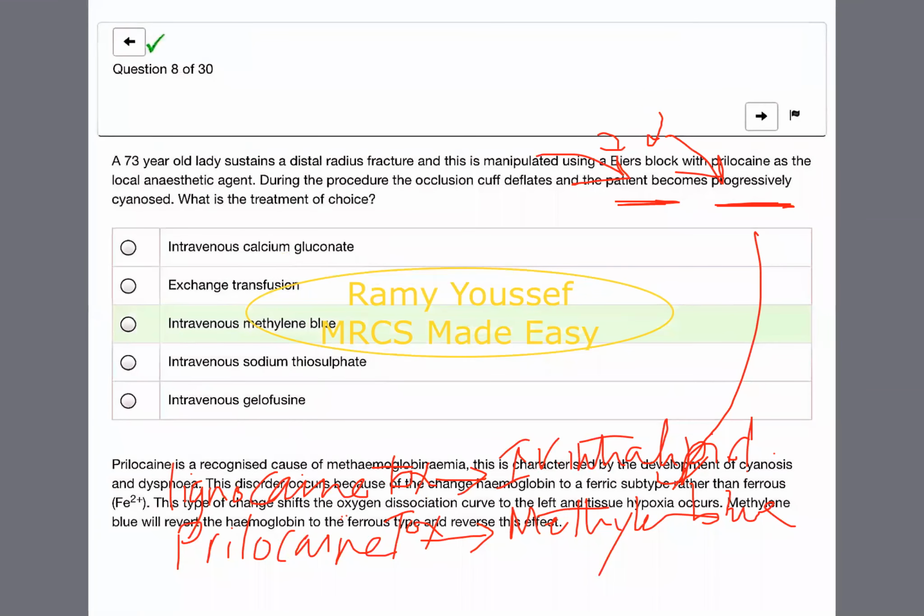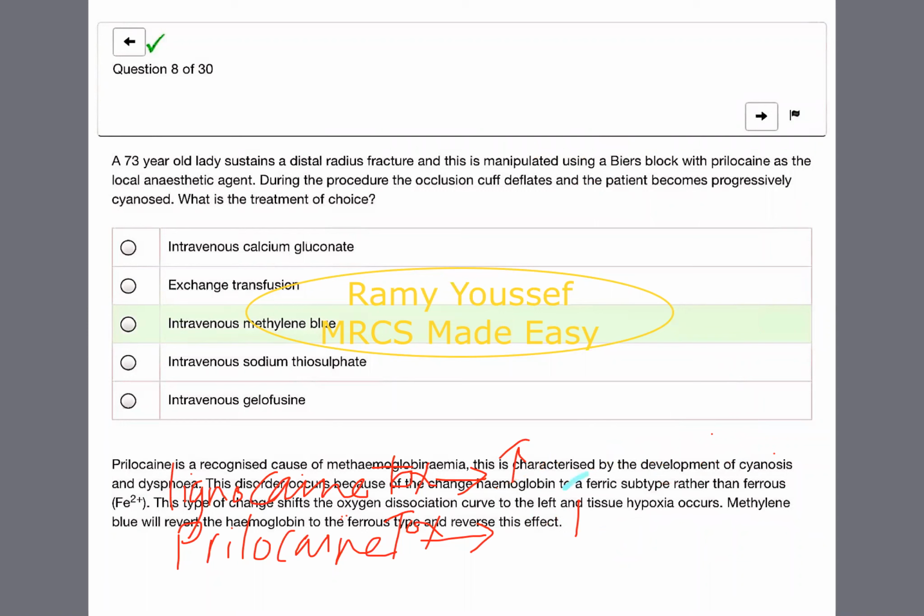So here it is a block with prilocaine. It's very important because you can have the 2 questions, by the way. I think both these questions will come in the exam, 100% for sure.